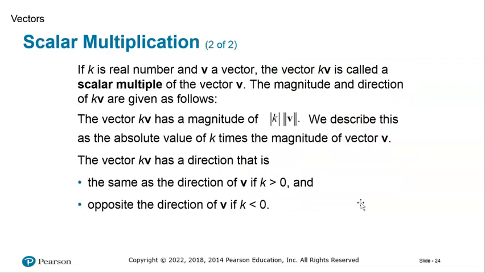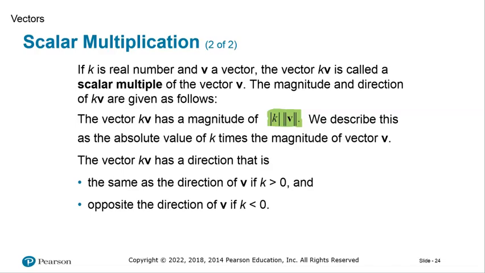All right, so more about scalar multiplication. If k is a real number and v is a vector, the vector k times v is called a scalar multiple of the vector v. The magnitude and direction of kv are given as follows. Notice to find the magnitude, you just take the absolute value of your scalar k and the length of your vector v and multiply those together.